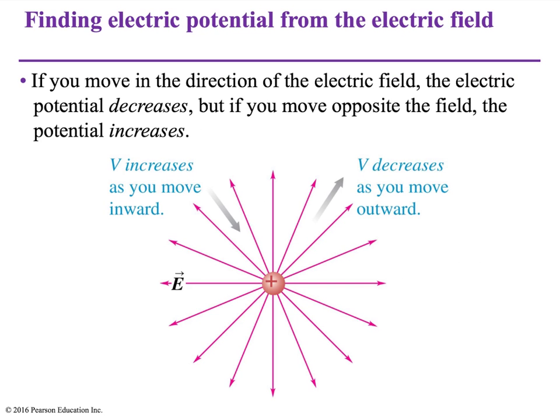So when we look at the electric field due to a point charge, we can say that as we move away from the charge, our potential is going to decrease. The opposite would be true if we move towards the charge.